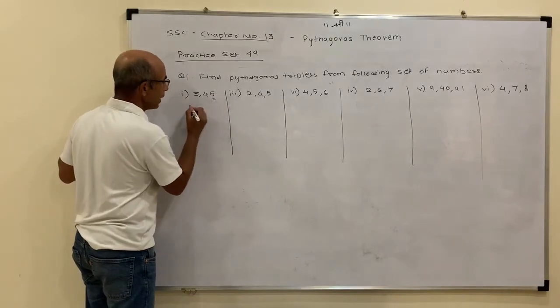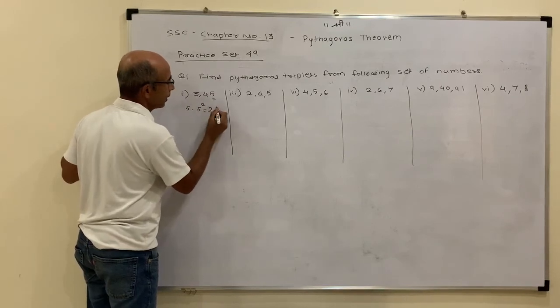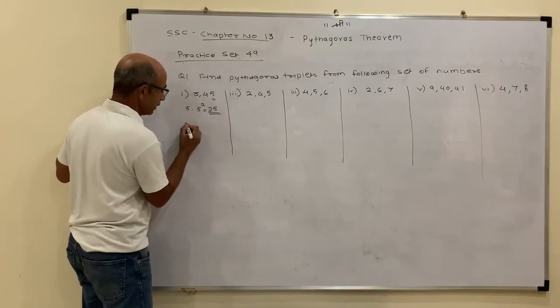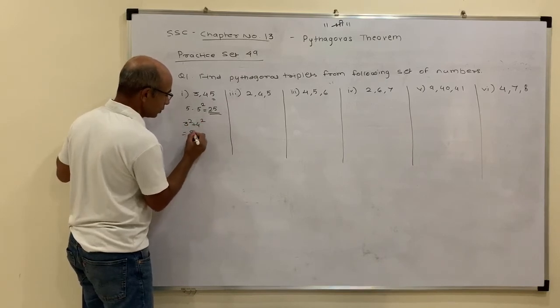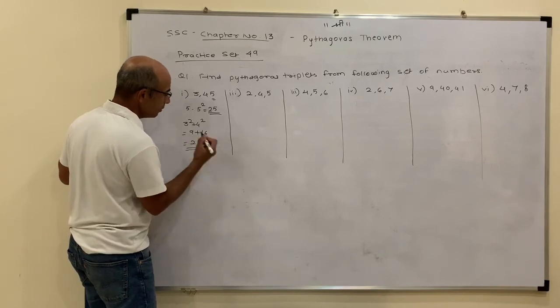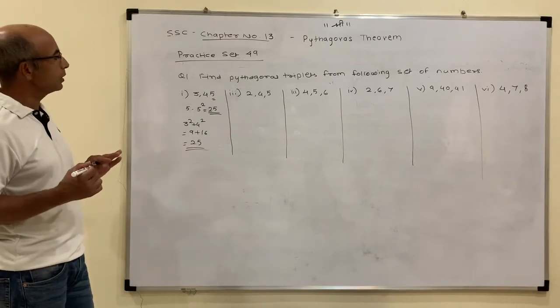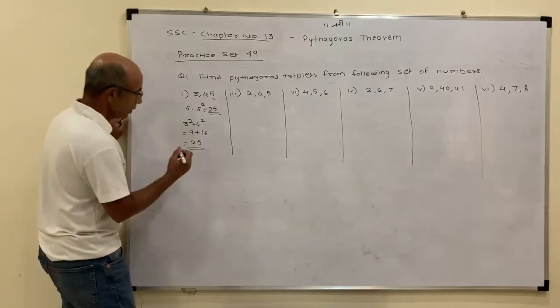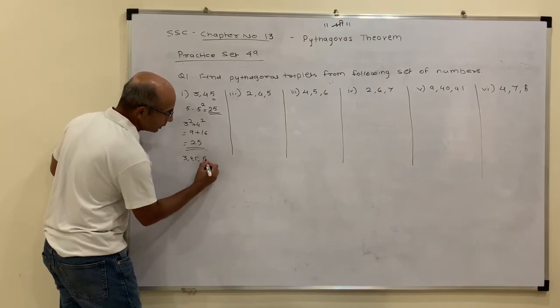The largest number is 5. 5 square equals 25. Now we need to find what 3 square plus 4 square comes to. 9 plus 16 is equal to 25. So the sum of the squares of the two other numbers is equal to the square of the largest number. So 3, 4, 5 is a Pythagoras triplet.